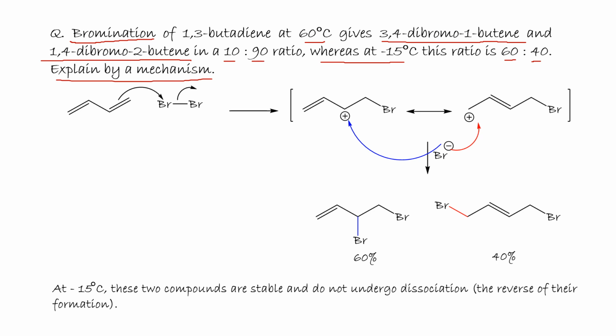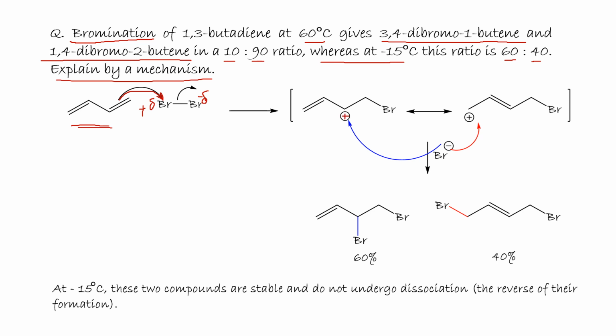Explain by mechanism. As we understand, the first step will be electrophilic addition, where the double bond attacks the partially positive bromine, and the other end is partially negative, and will kick out Br minus and form an allylic carbocation.